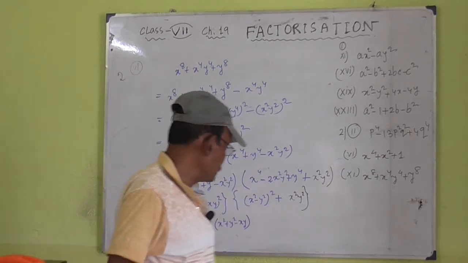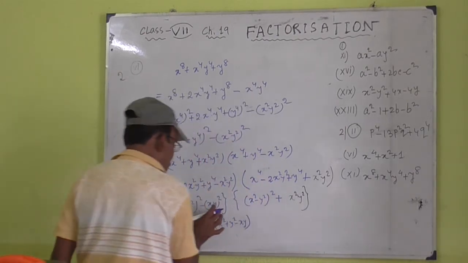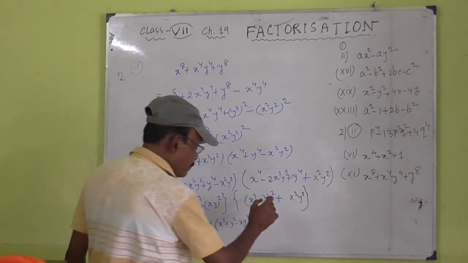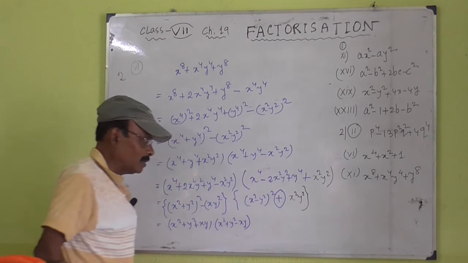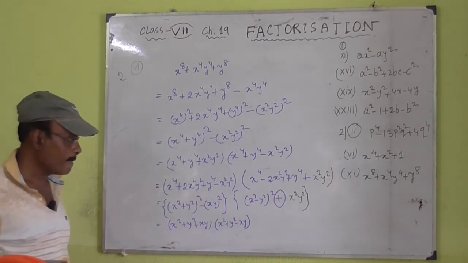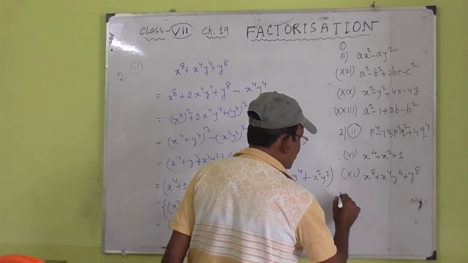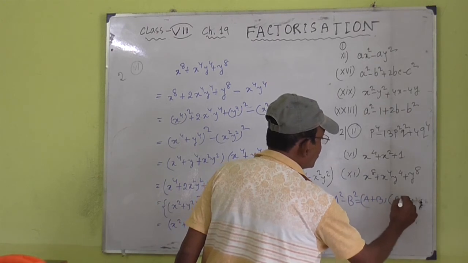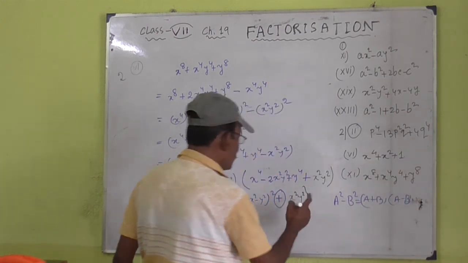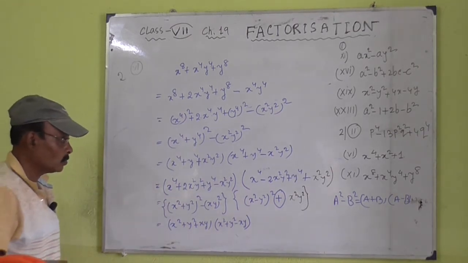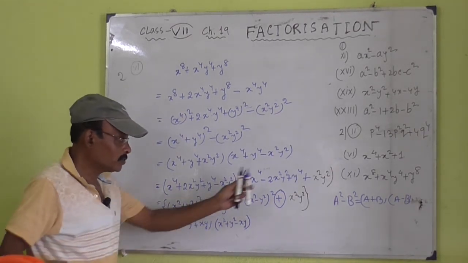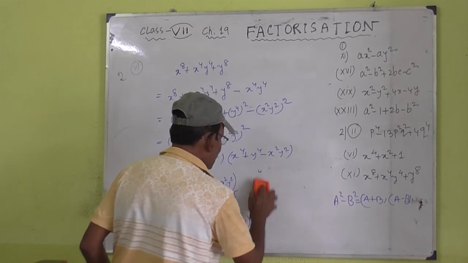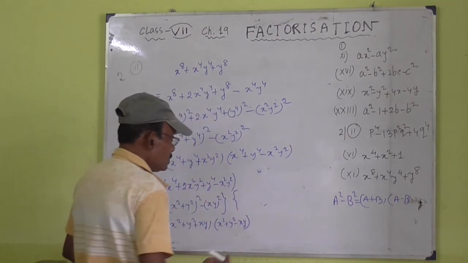If you try the formation of a square minus b square, we see that here this is a very, very important step, plus sign. So, it will not be in the form of a square minus b square equal to a plus b into a minus b. This step is very, very important. Okay. So, this step remains the same.